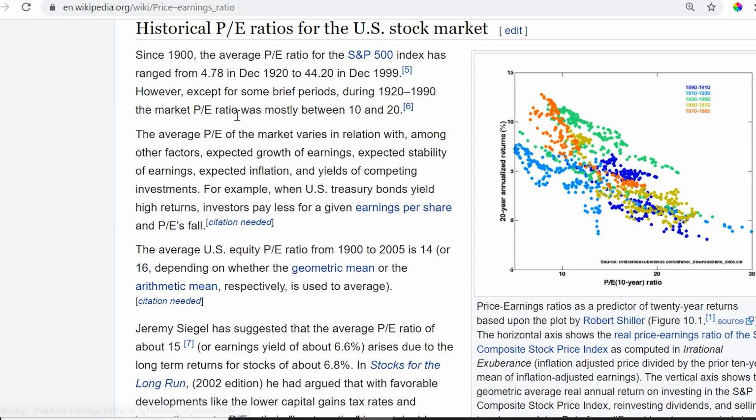And now, before I cap off the video, I want to talk about historical PE ratios for the US stock market, because even though I mentioned that a lot of people use PE to compare stocks in the same sector, sometimes people use the PE ratio to compare it to the average PE ratio in the S&P 500 index. And since 1900, the average PE ratio for the S&P 500 index has ranged from 4.78 in December of 1920 to 44.2 in December of 1999.